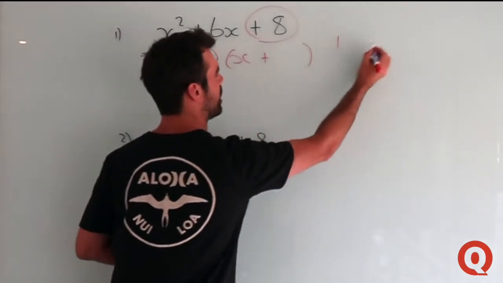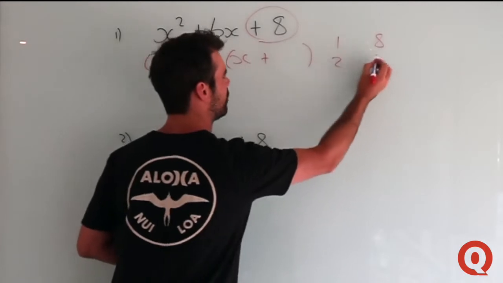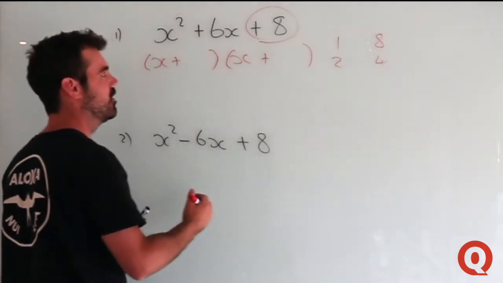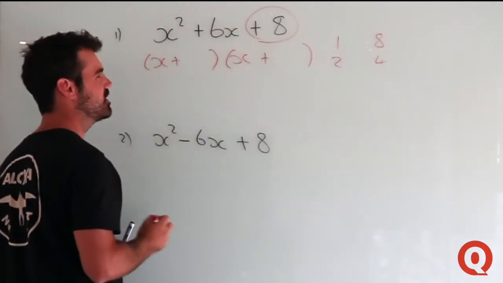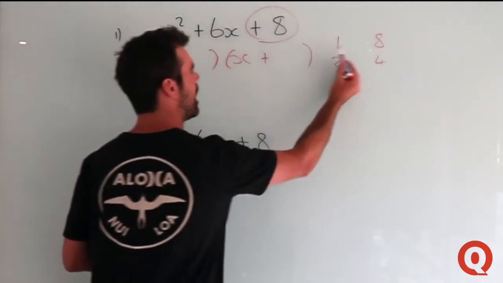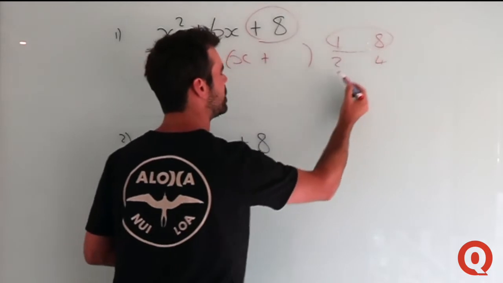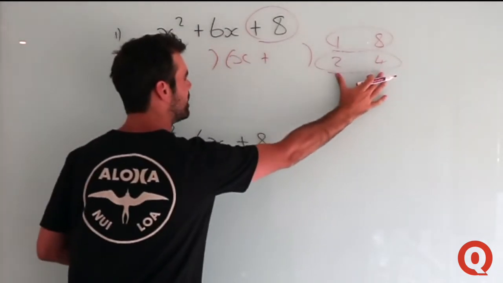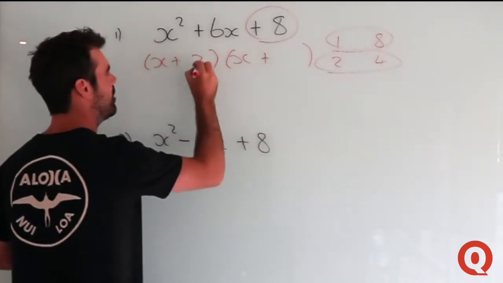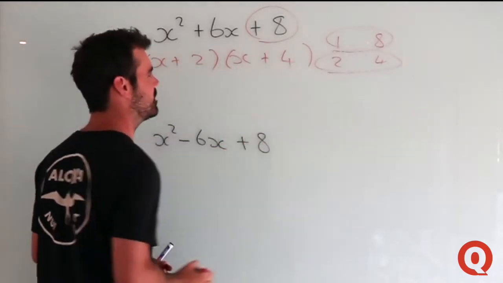If I multiply 1 and 8, I get 8. If I multiply 2 and 4, I get 8. So now we know how to get positive 8. But how do we find the middle term? As we discussed in the last episode, we need to add the terms together. What is 1 plus 8? 9. What is 4 plus 2? 6. So to make the middle term, we have to use 2 and 4. And because our signs are already there, it's nice and easy.